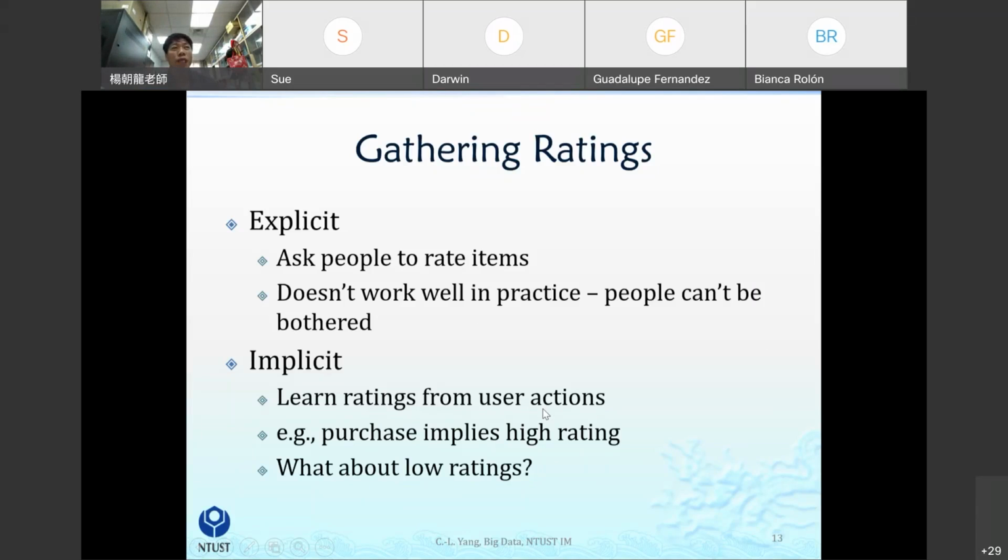But that can give an idea, say, hey, maybe you like it, just don't want to buy at this moment, and that gives some information about you for that particular item, right? That's a very important way to know more about your customers' behaviors.